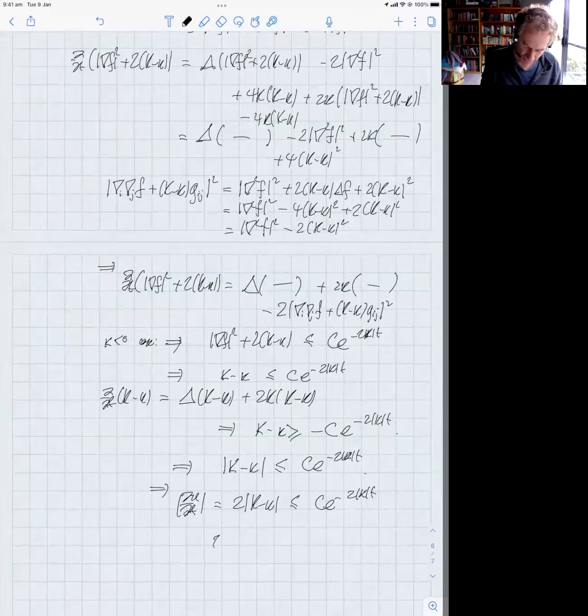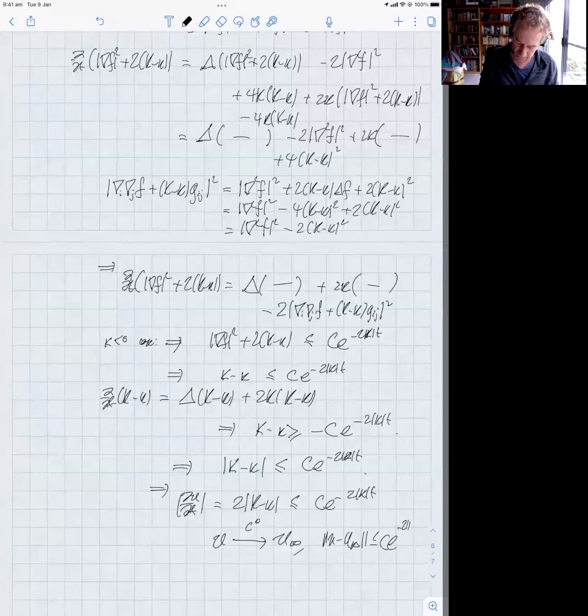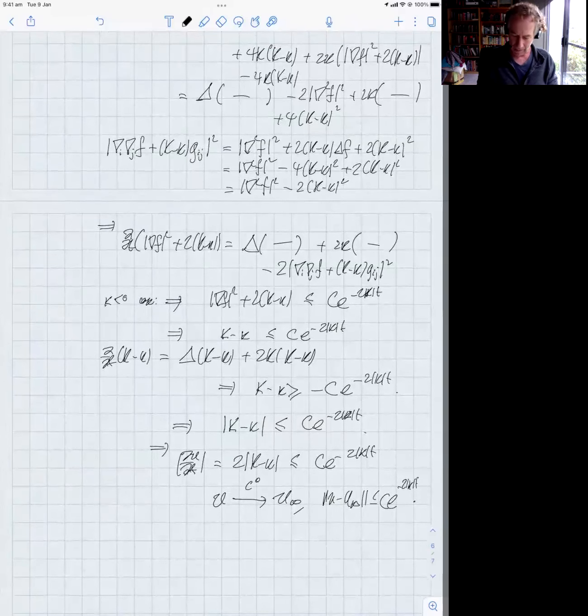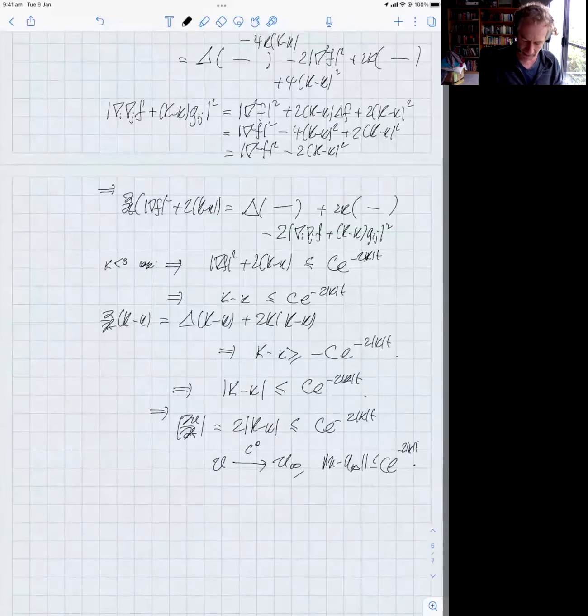Right? So u converges in C0, in fact, at an exponential rate to some u infinity. So we get u minus u infinity bounded by c e to the minus 2 kappa t. We don't know much about u infinity at this point, but we do know that the u's are converging. And once I have this much, I can use the regularity as before.